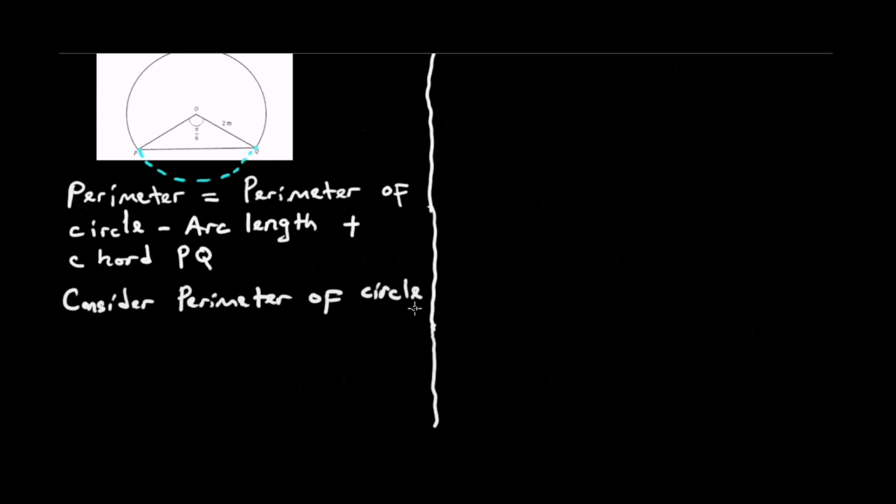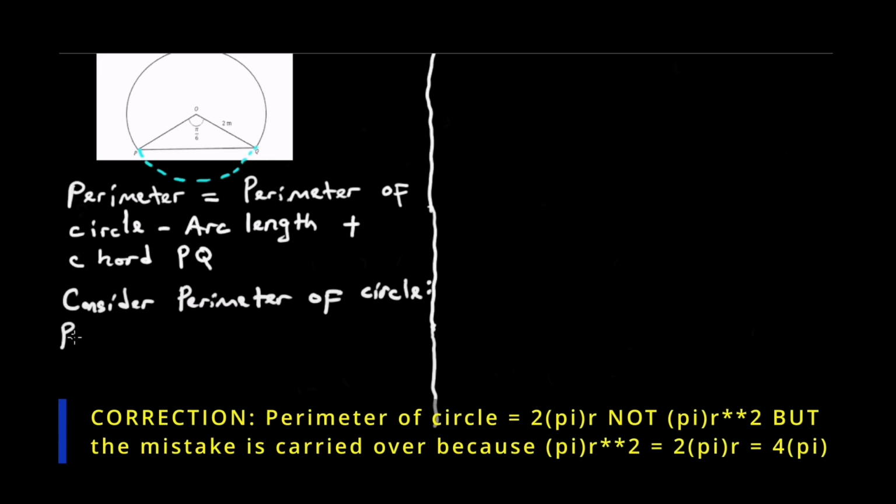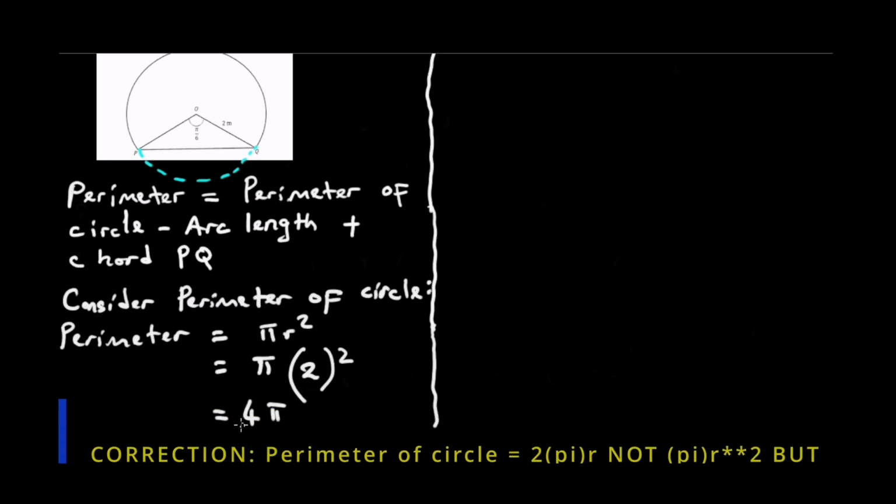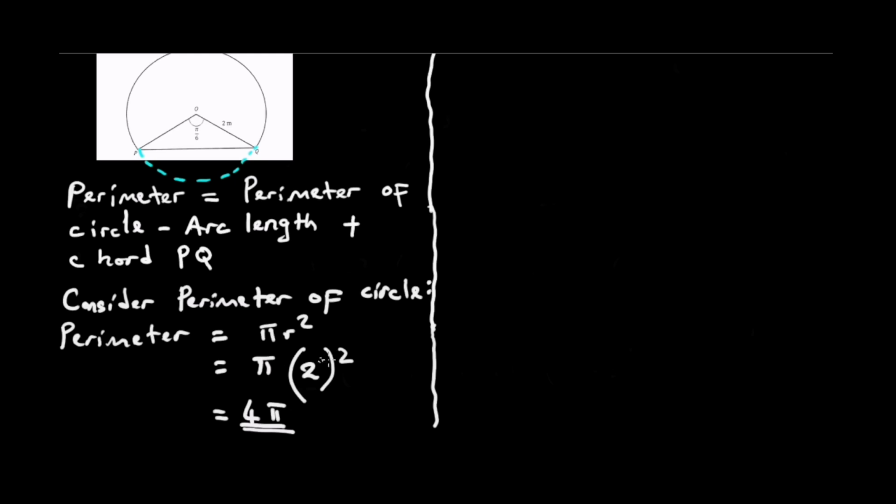Consider the perimeter of the circle, which we know is equal to pi r squared. Pi multiplying the radius, which is 2, so 2 squared, which is 4, so 4 pi. So this is the perimeter of the circle.